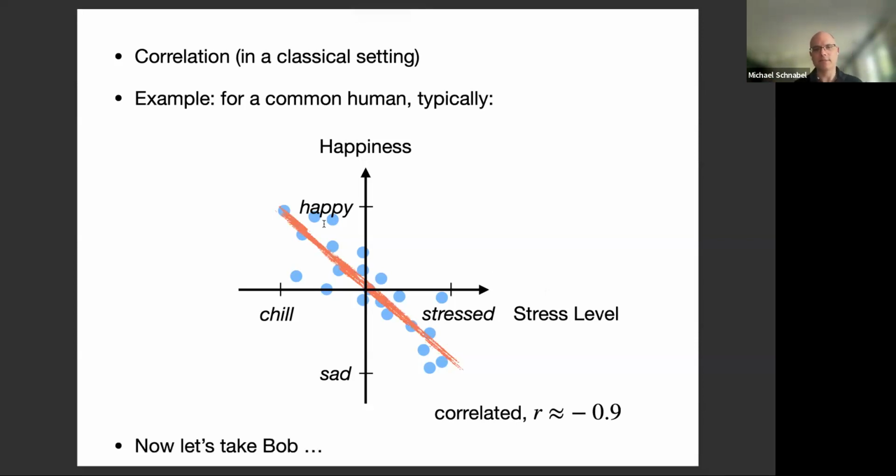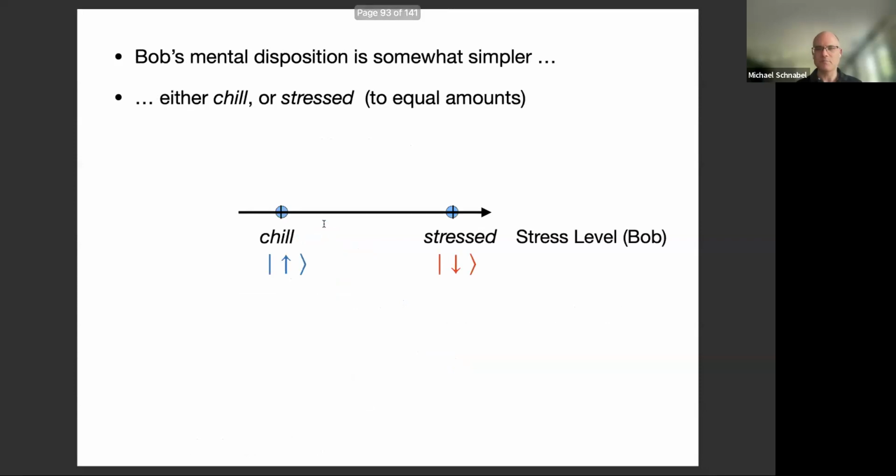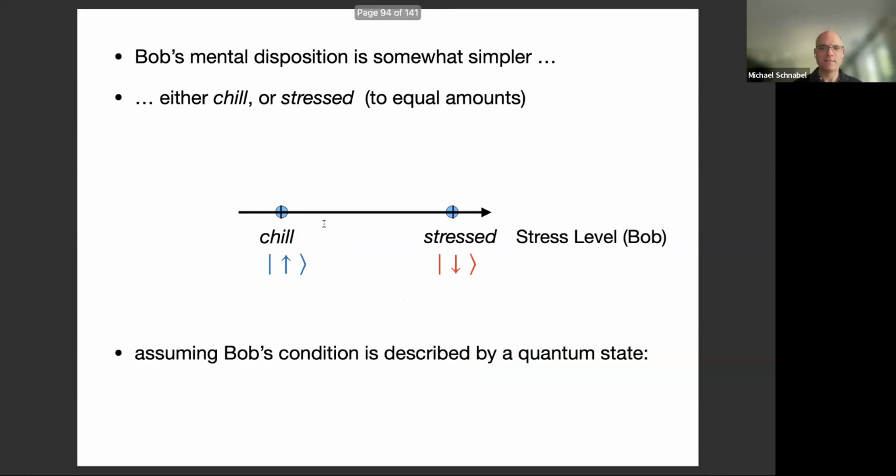So now, instead of looking at typical humans, let's look at Bob, and Bob is a quantum particle. So Bob is a qubit, so he has no access to any continuum of emotions or mental states. Bob is either chill or stressed, and so is represented as a quantum state.